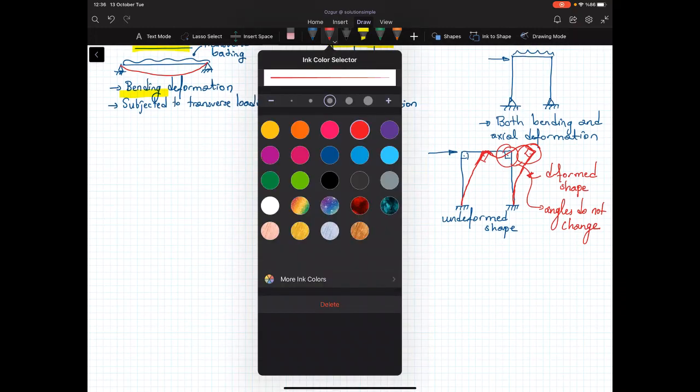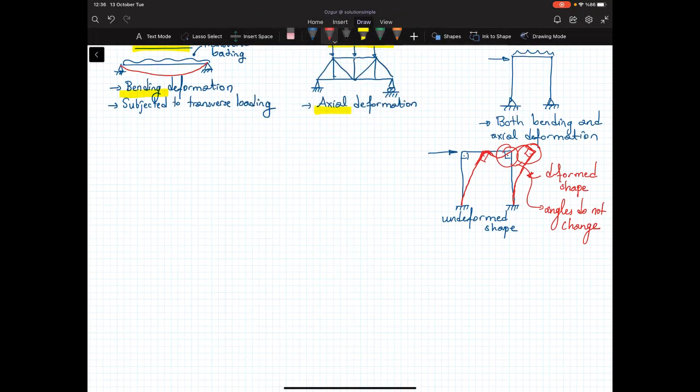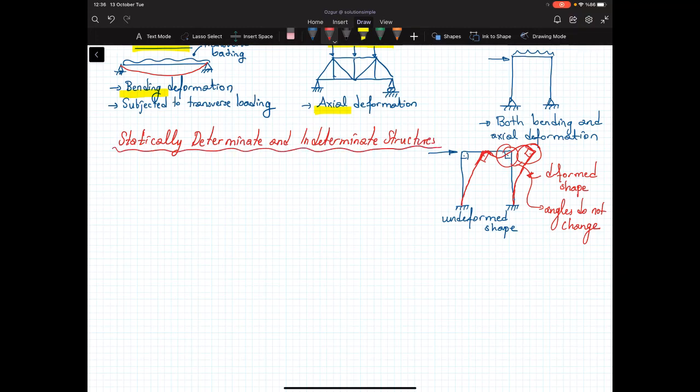Now, we talked about it, but let's go over it one more time: statically determinate and indeterminate structures. How can we define a determinate structure and an indeterminate structure?